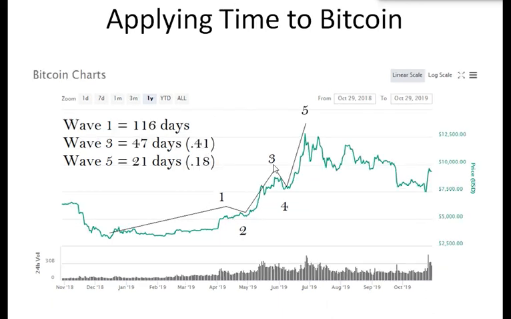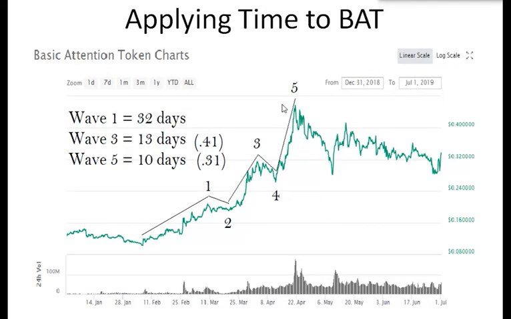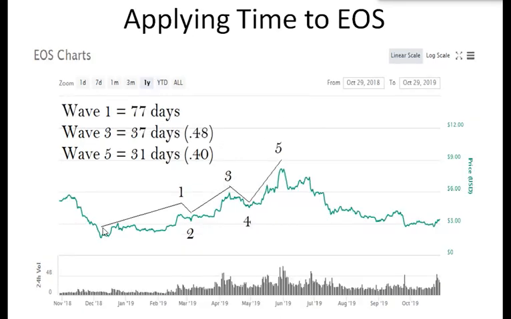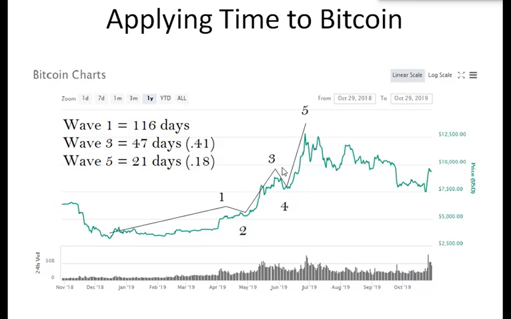And so with Bitcoin, now we're going to look at the same time frame from December to about the end of June. Bitcoin, its 1 through 5 was stretched out way farther than BAT, and it was longer than EOS. So Bitcoin's wave 1, you take the lowest price.